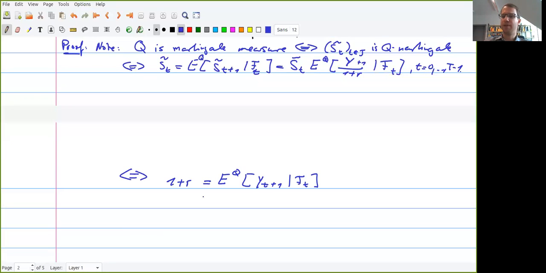And now we know that Y_{t+1} is independent of F_t.